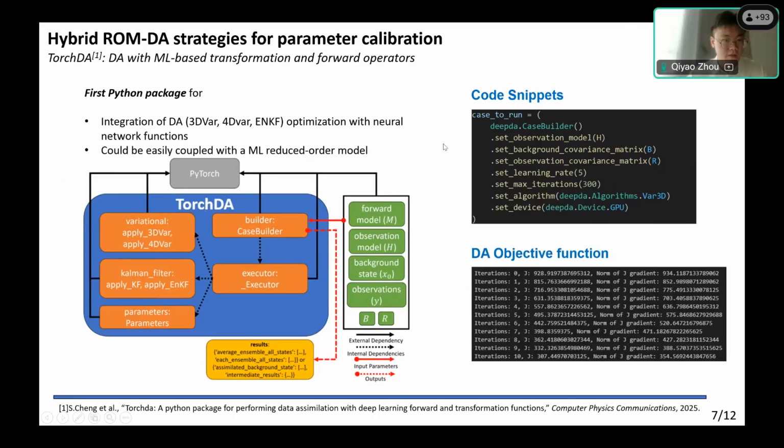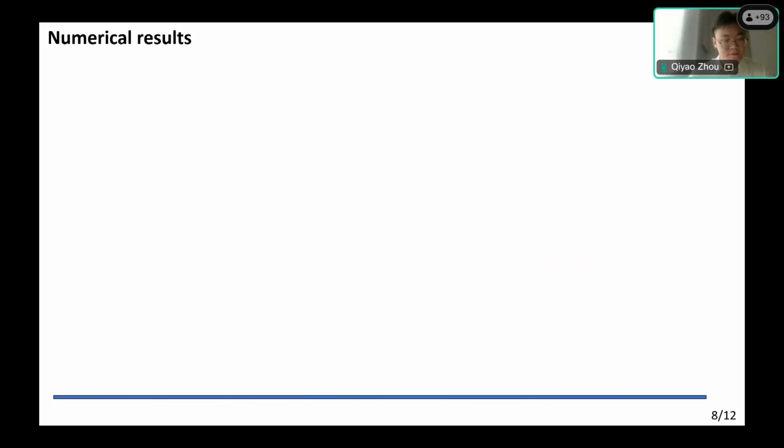This is very important in our present setting because we need to embed the deep learning based surrogate model directly into the assimilation loop.